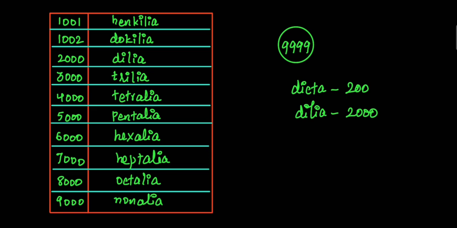Later on, we have used hen: henkilia, henicosa, hentriacosa, hentetracosa, and so on. Mono is not used in this basic prefix. Okay, so all this comes under basic prefix.